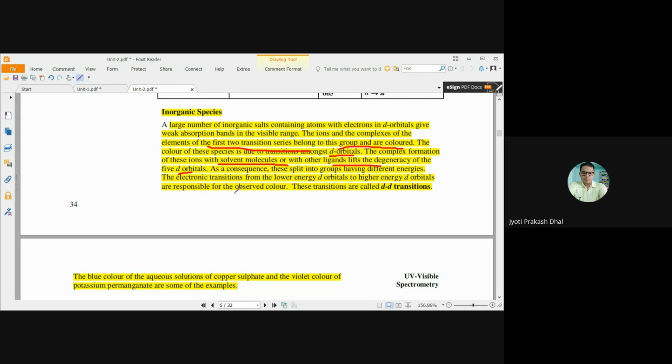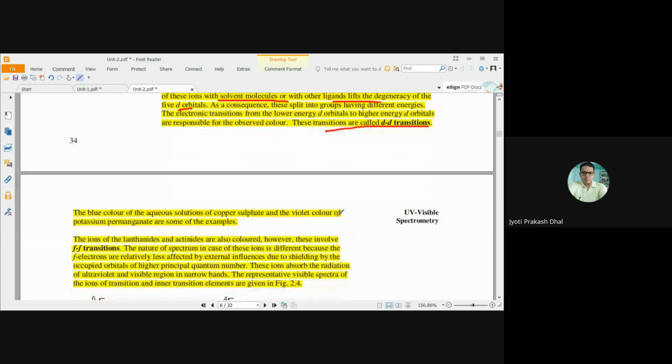So when the sample interacts with electromagnetic radiation, due to the presence of the ligands the d orbital degeneracy is already removed, and that is why there will be a transition of an electron from the lower d to higher d, that means from T2g to Eg, or from E to T. These types of transitions are called d-d transitions.